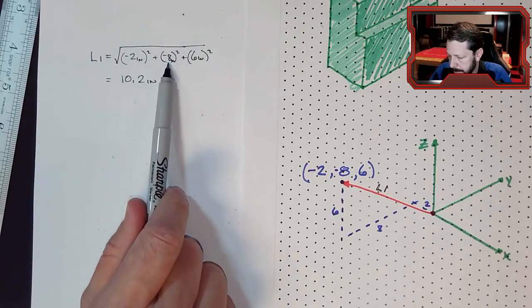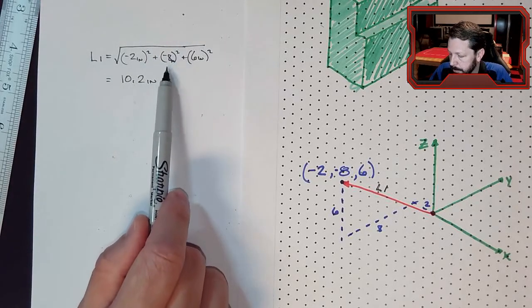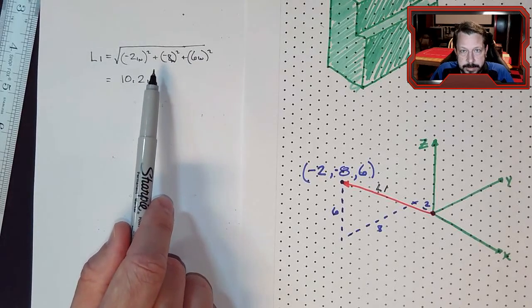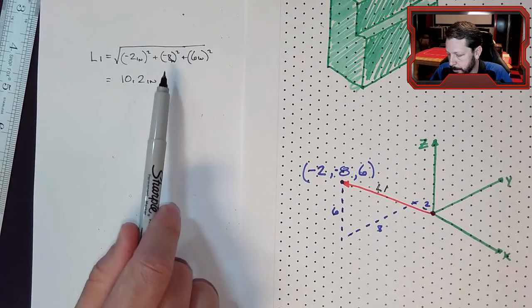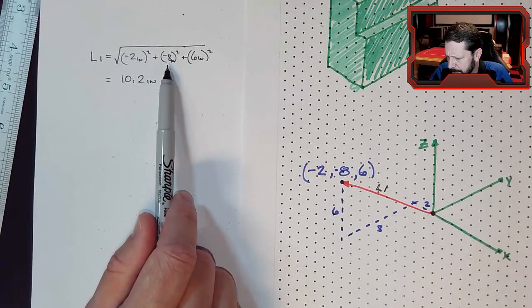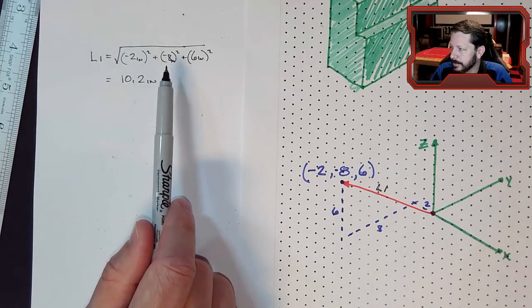So my largest component is 8, or -8, but the absolute value of it is 8. So I know that the resultant is going to be at least larger than 8. And I'm at 10.2, so I know that I'm probably calculating this correctly. It is possible that it could be way larger or not much larger, and so that's harder to tell.